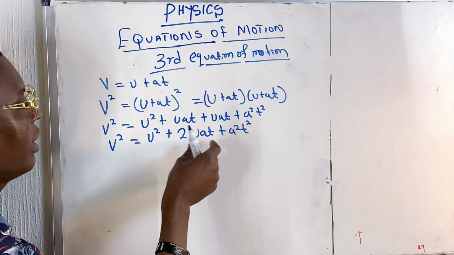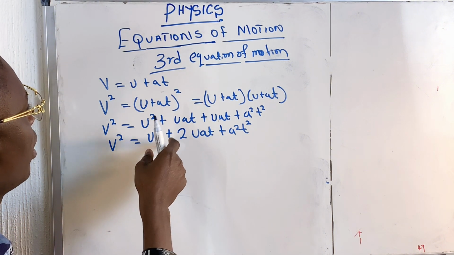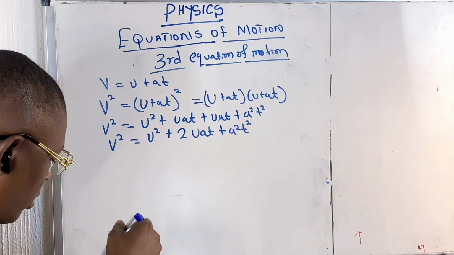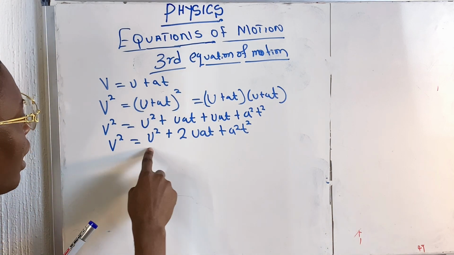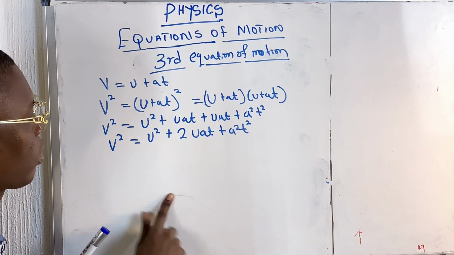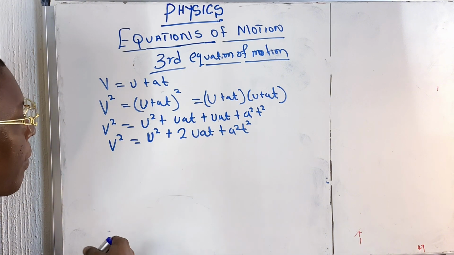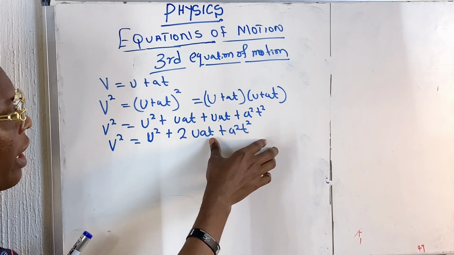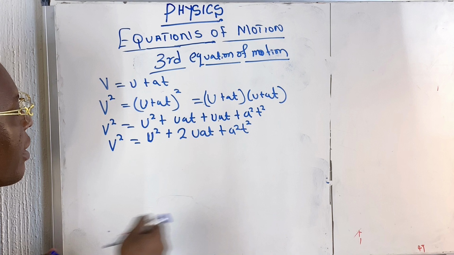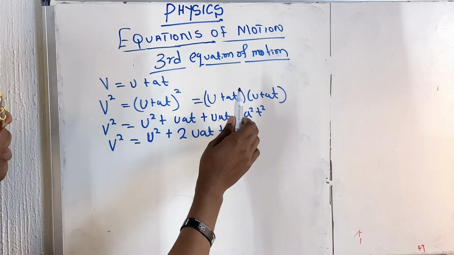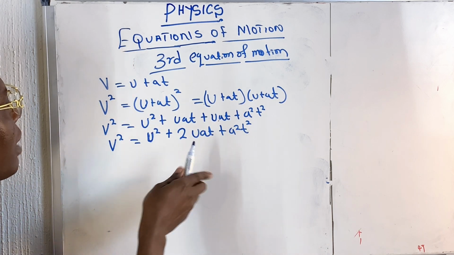So as we've gotten this, we go further by factoring out 2a from the last two terms here. So we want to factor out 2a from the last two terms here.